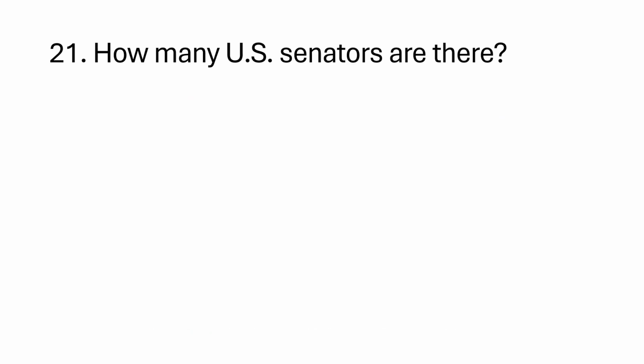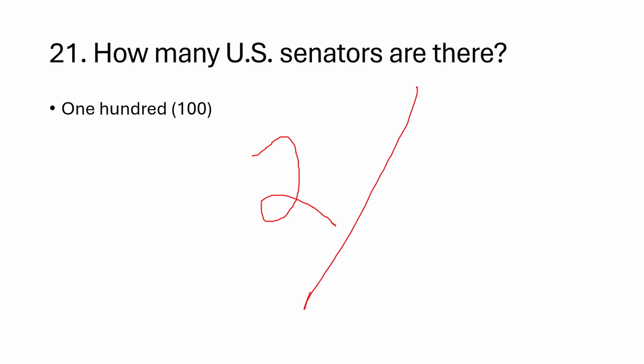How many senators are there? 100. There are 2 for each state.